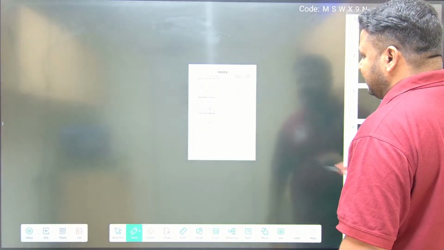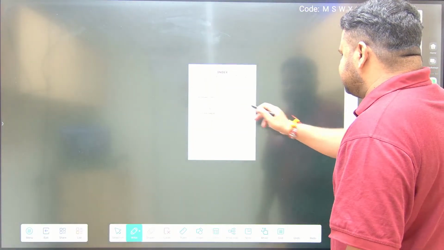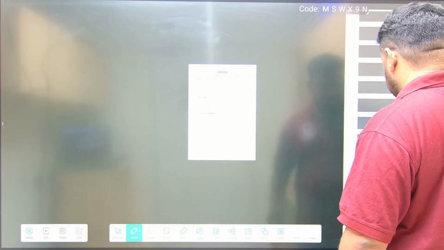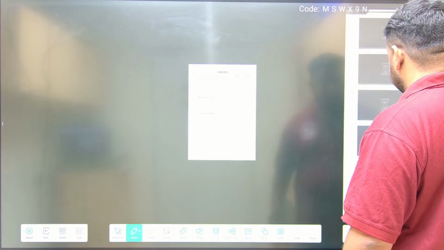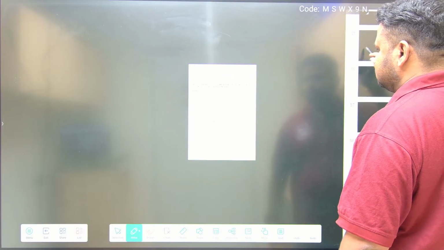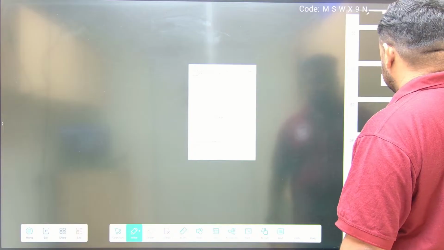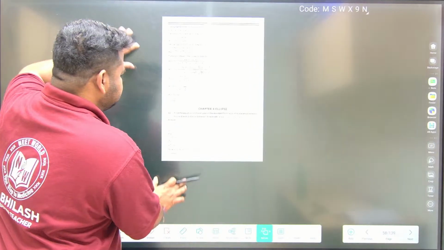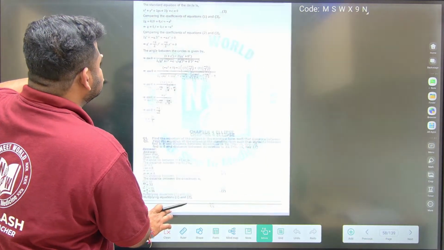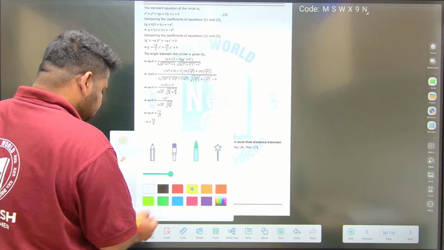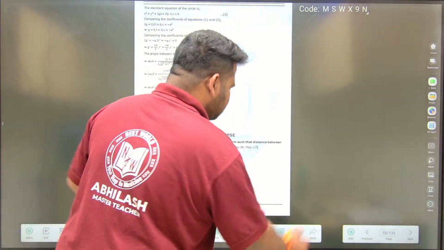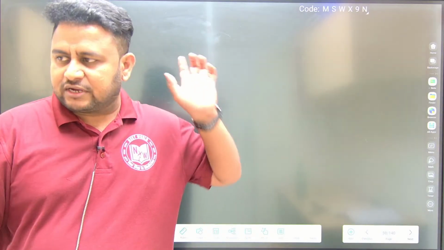So we are having ellipse here, page number 55. So see here friends, before going to the question, I'll tell you there are 2 types of questions that they will be asking in ellipse.